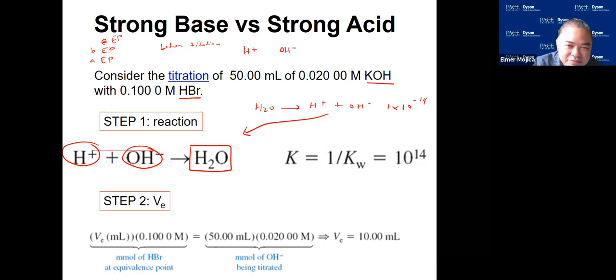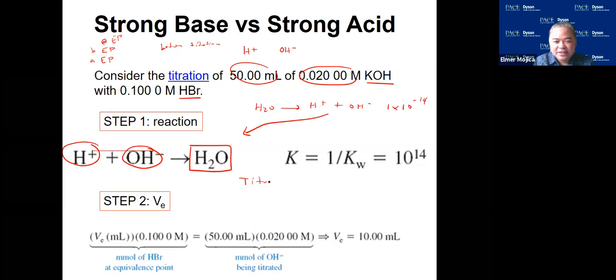So in this problem, you will titrate 50 ml of 0.02 molar KOH with 0.1 molar HBr. Now my question is, which is the titrant and which is the analyte?